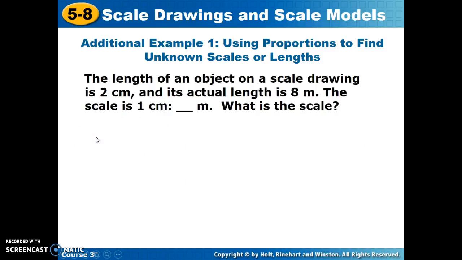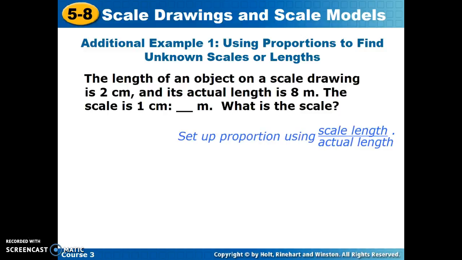Starting out, the length of an object on a scale drawing is 2 centimeters and its actual length is 8 meters. The scale is 1 centimeter to what? You're just trying to figure out what this is, so make a proportion like you've been doing for a while. We're going to set up 1 centimeter over x meters.